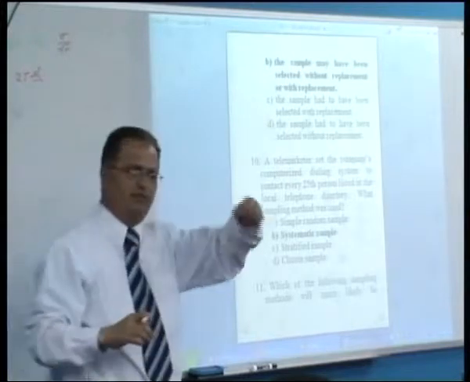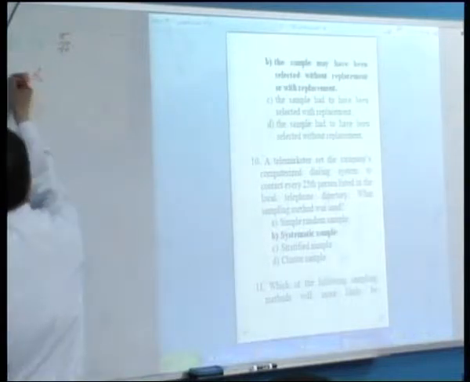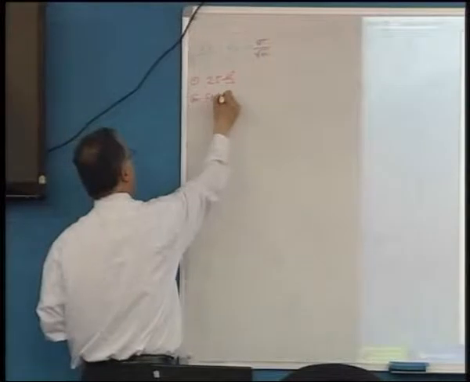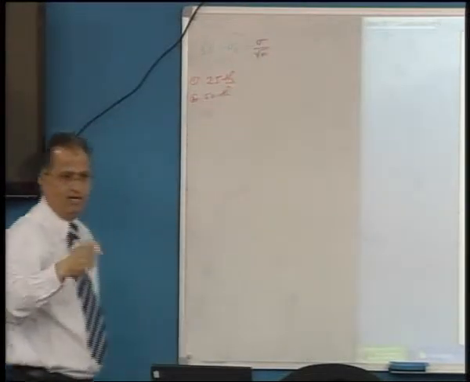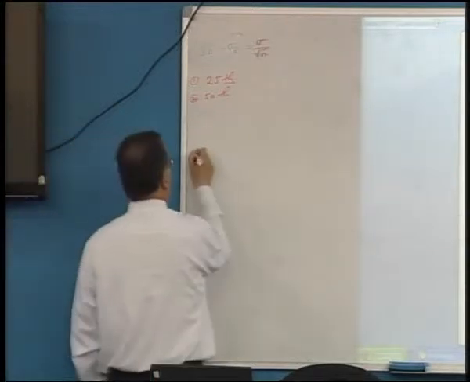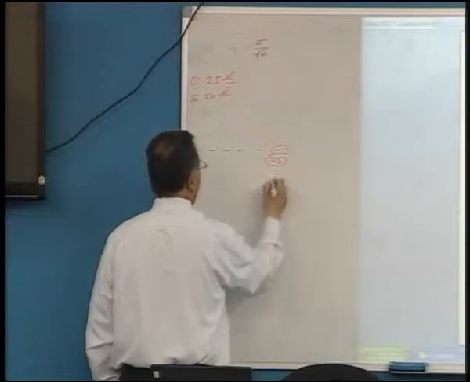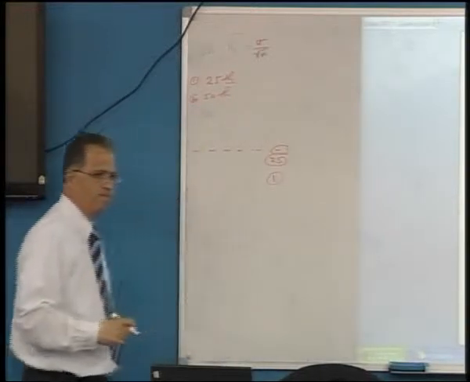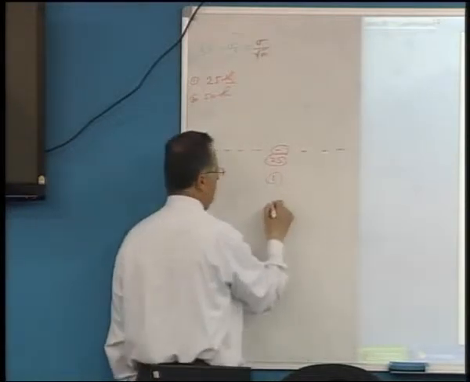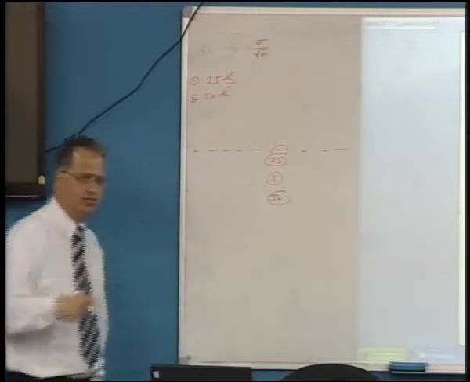So the 25th person is being selected, which is the first item. The second item should be, in your case, the 50th. Then the second item is number 50 and so on.